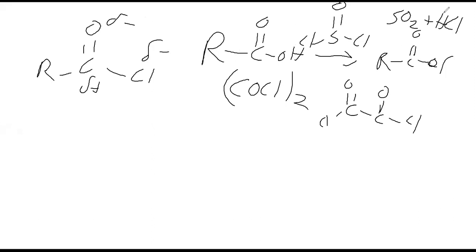Now this one is not going to form SO2, but it's going to form CO2 and HCl. So once again, gaseous byproducts that you can easily boil off and remove, thus forcing this to products.